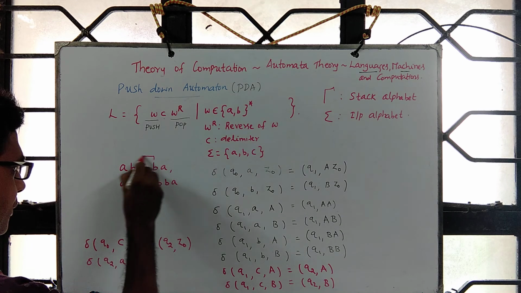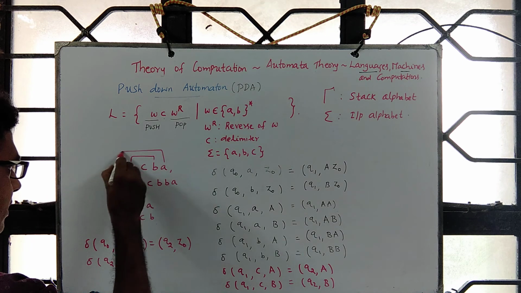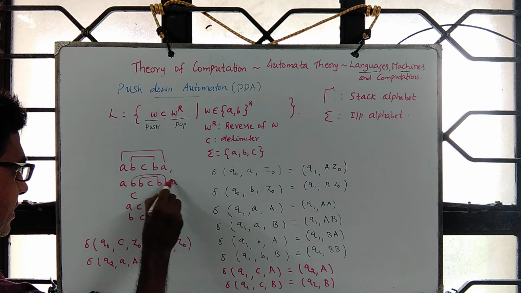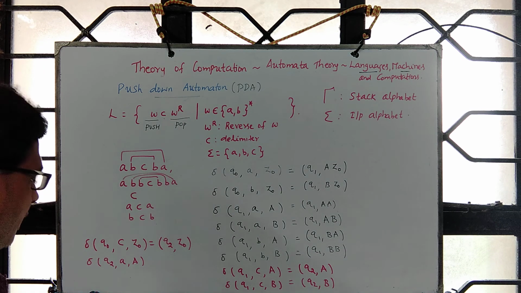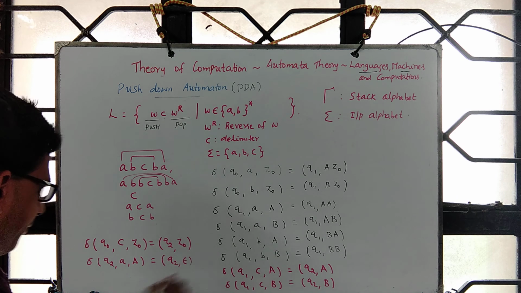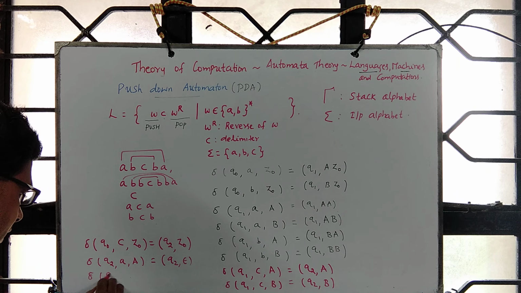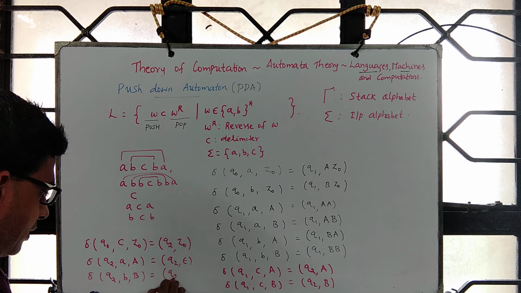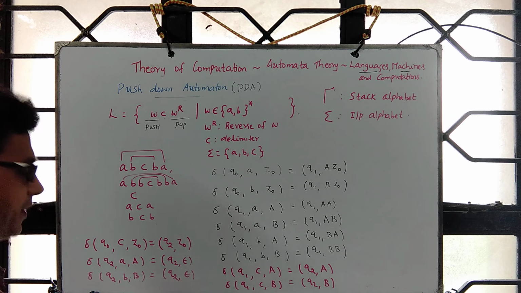So which means when you do WR, this and this are matching, this and this are matching, and so on. If they are same, then perform pop. Similarly, Q2, read small b, top symbol is capital B, which means there is a match, perform pop.